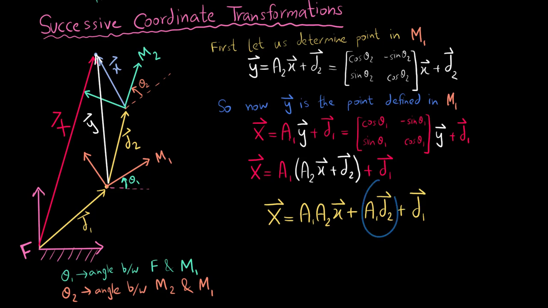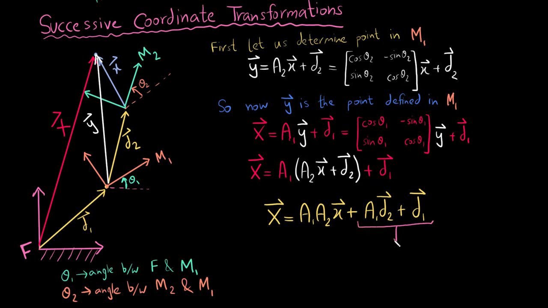Now the term next to it, A1d2. We know that d2 is the displacement term again, but it is expressed in m1. So in order to express d2 in the fixed frame, I simply multiply it by A1. So A1d2 is actually the displacement term which is now expressed in the fixed frame.